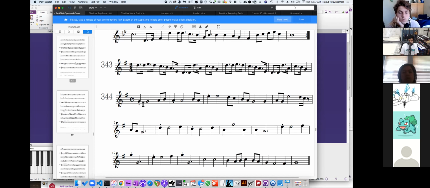So what that means is you just have to play this really short and snappy. It's leaving out these other two sixteenths, so it feels kind of syncopated.